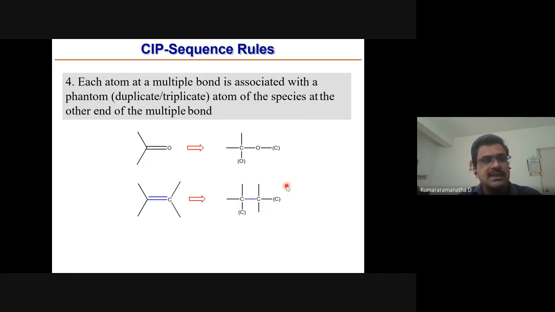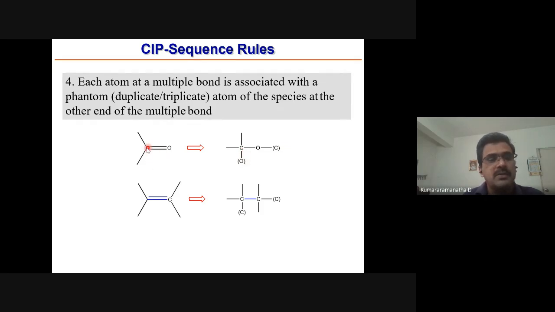Next comes the double bond. I don't know whether you have already read this or it might not have struck you. If you have a double bond or a triple bond, you consider it as a duplicate or triplicate of the species. If you have a double bond, C bonded to O, C bonded to O, it is essentially right, no?